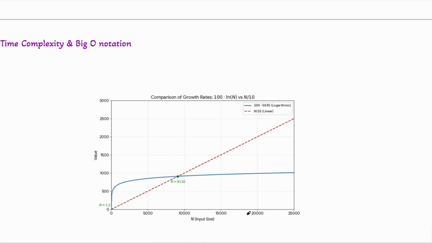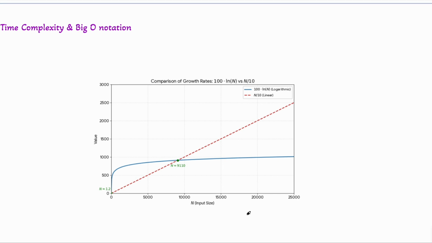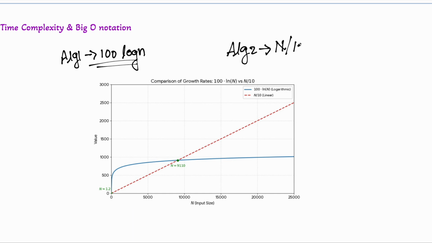Now let's understand time complexity and big O notation. Let's say we have an algorithm 1, which takes 100 log n iterations, and algorithm 2, which takes n by 10 iterations.